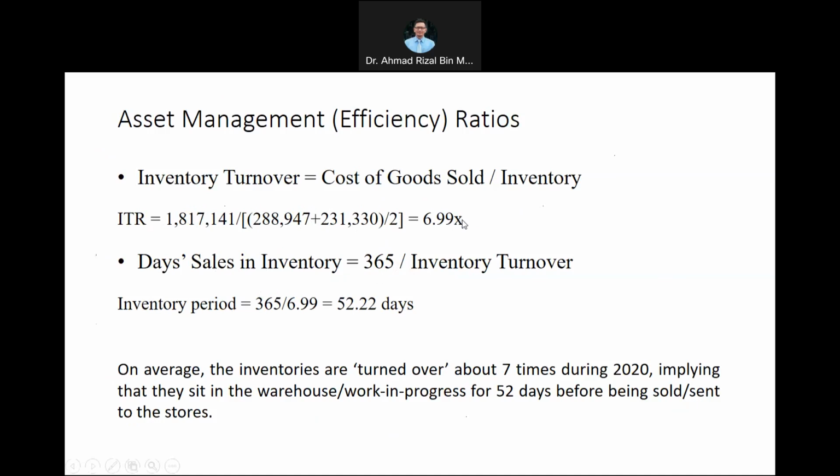So this 7 times inventory turnover implies that the inventory period is 52.22 days. If this is a manufacturing company, it shows that on average the raw materials sit in the warehouse or in work in progress, as in the case of 7-Eleven, for about 52 days before they are sent to the stores to be sold.